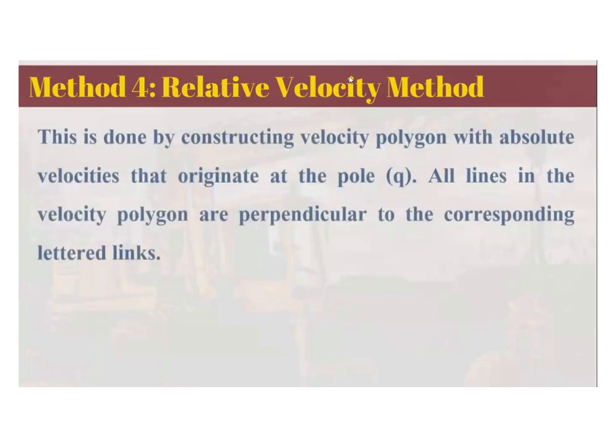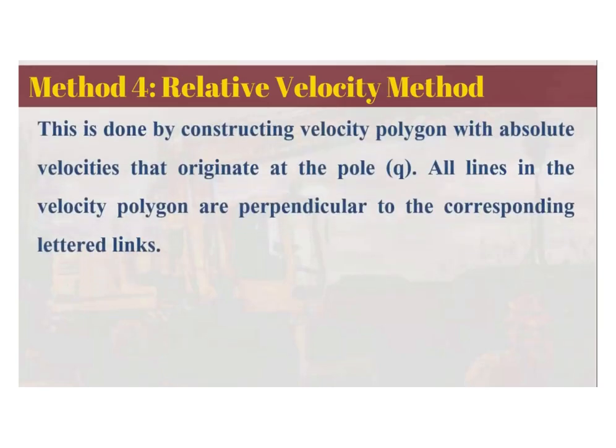Okay. The concept behind the relative velocity method is done by constructing what we call a velocity polygon with absolute velocities that originate from a pole Q. All lines in the velocity polygon are perpendicular to the corresponding lettered links.